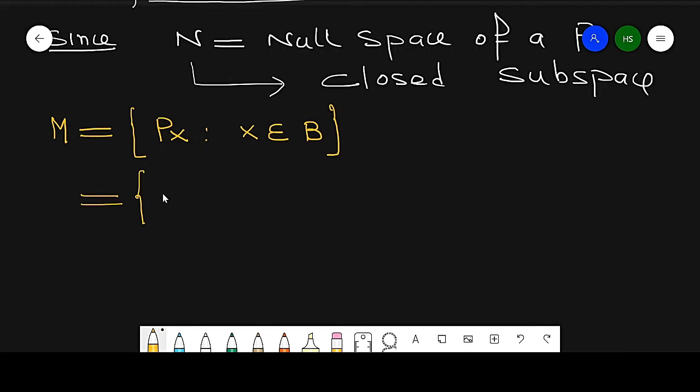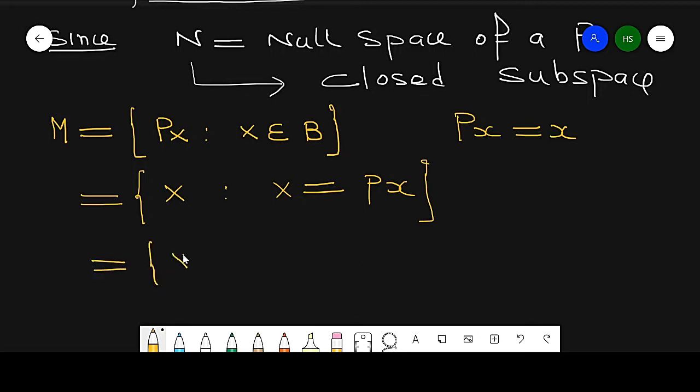So this can be written as, since the image of Px equal to X, all X such that X belongs to P of X. So this is M. Now this can be written as X such that (I minus P) of X equal to 0.